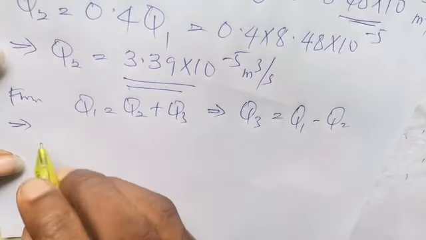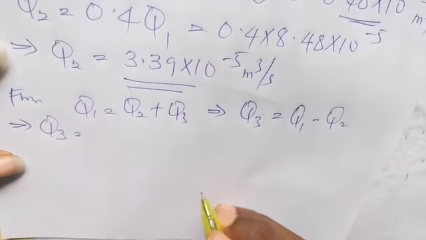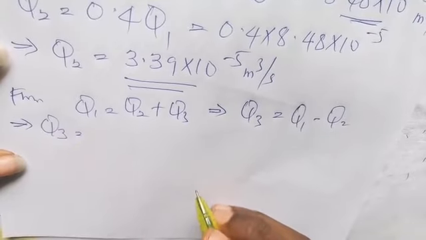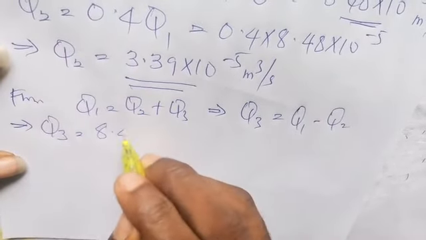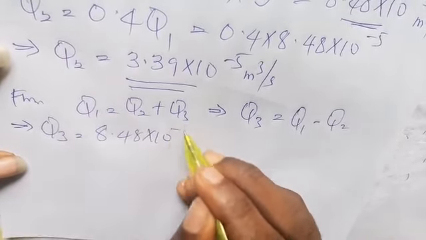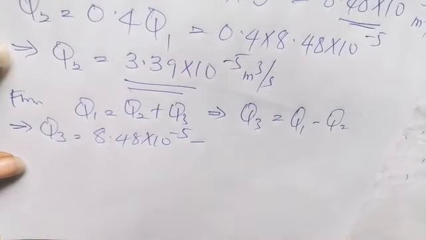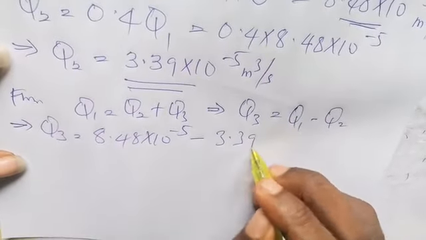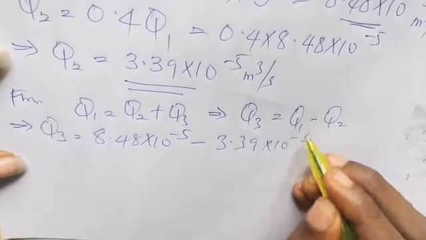And this implies that Q3 is equal to Q1, which gave us 8.48 by 10 to the power of minus 5, minus Q2, which gave us 3.39 by 10 to the power of minus 5.